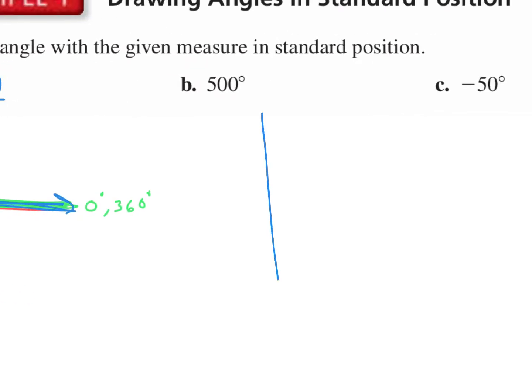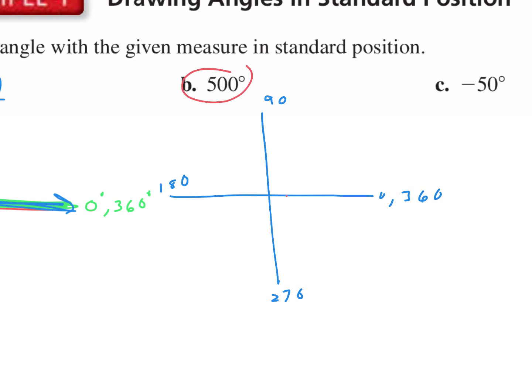We have 500. So first we're going to draw our coordinate plane. If it helps to label your axes, go ahead. So we have 0, 90, 180, 270, 360. Here we're looking for 500.